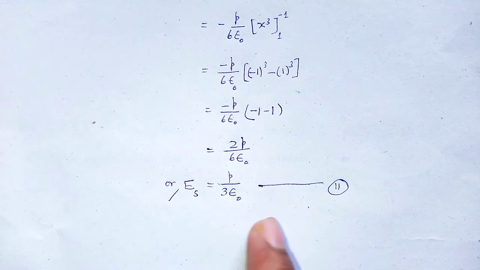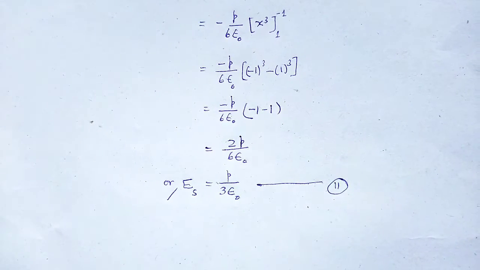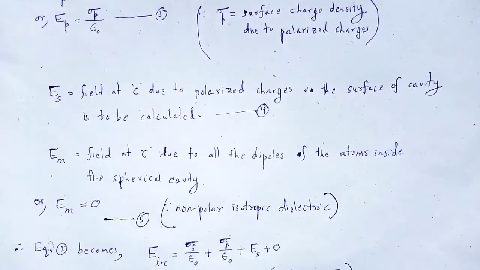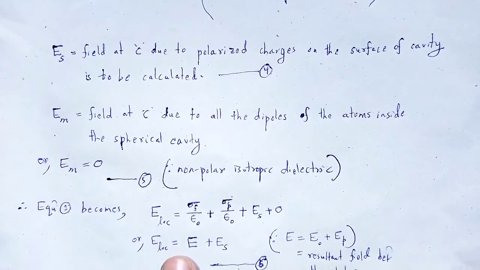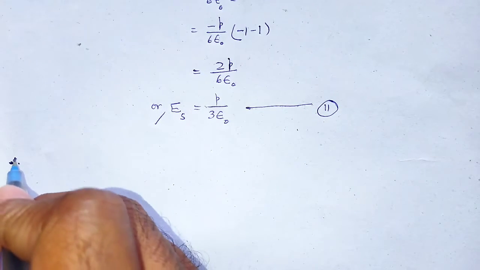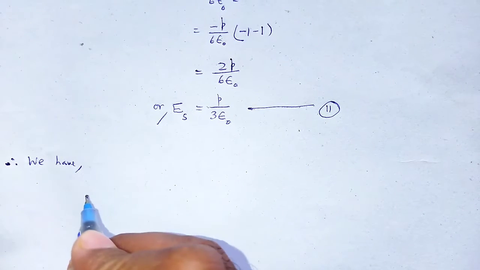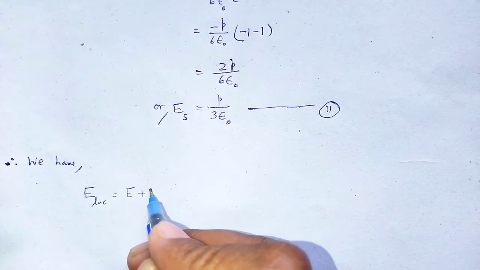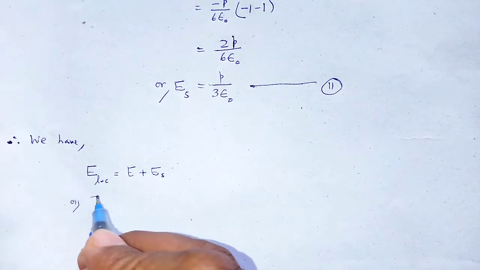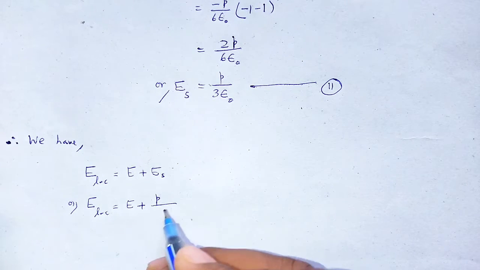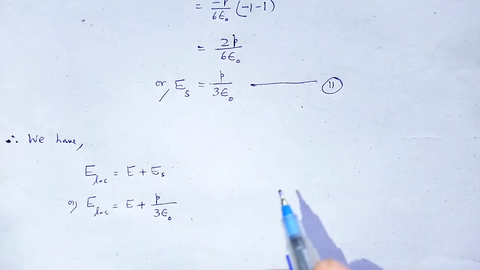Our task was to calculate the value of Es. Now the value of Es is evaluated. We can put that value of Es in order to get E local. Therefore, we have E local is equal to E plus Es, or E local is equal to E plus P divided by 3 epsilon naught.